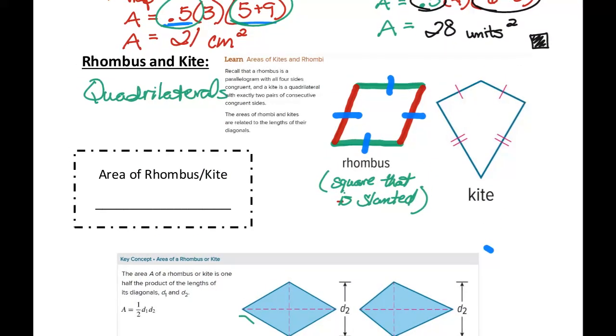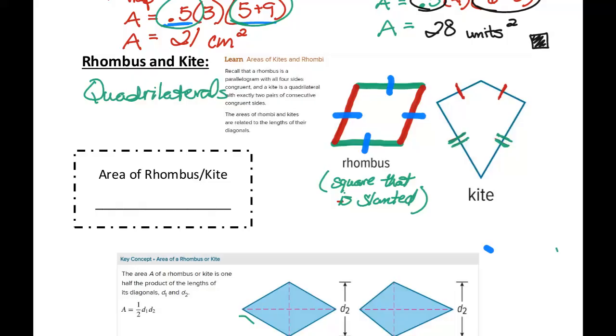And a kite. This is like an old-timey kite. You guys have all these fancy kites now. A kite is still a quadrilateral, and it has two pairs of congruent sides. So this side and this side are the same length, and this side and this side are the same length.